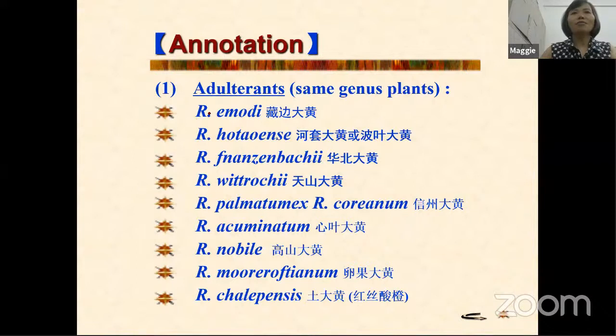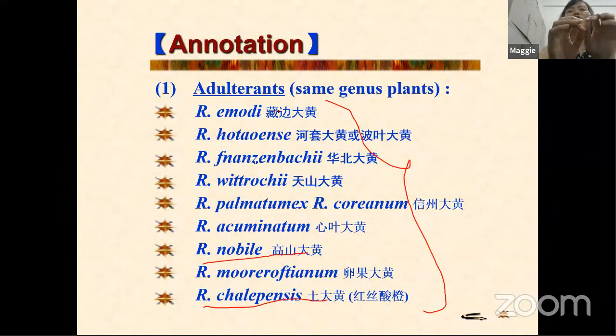These are adulterants, meaning they are fakes, like Rheum emodi, Rheum hotaoense, Rheum nobile, and Rheum tanguticum. These are adulterants, not genuine rhubarb. Although they come from the same family, even the same genus, they are not really rhubarb.